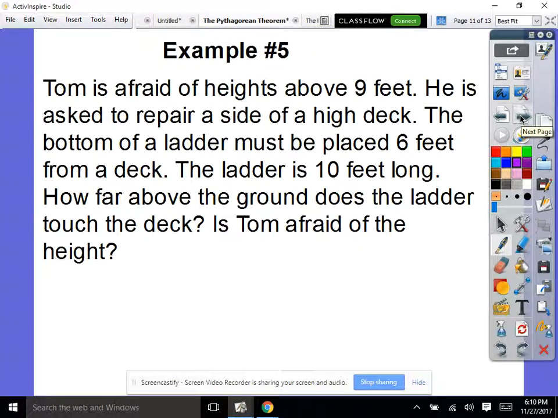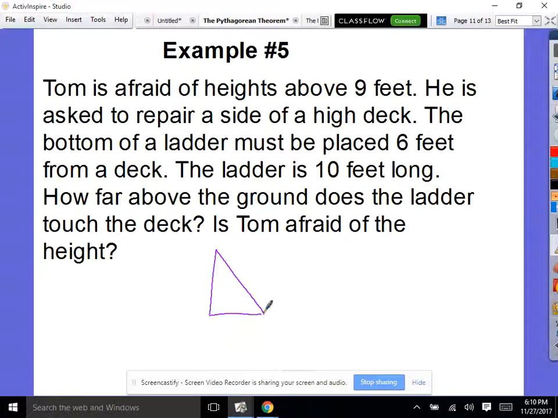Tom is afraid of heights above 9 feet. He is asked to repair a side of a high deck. The bottom of a ladder must be placed 6 feet from the deck. The ladder is 10 feet long. How far above the ground does the ladder touch the deck? And is Tom afraid of the height? Well, let's draw a picture. Here's our picture where the hypotenuse is our ladder.